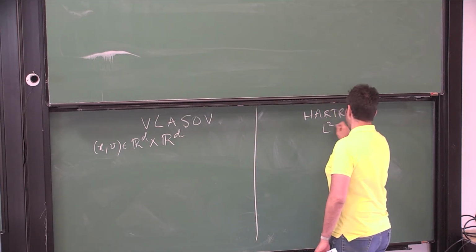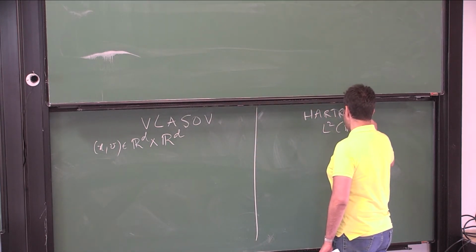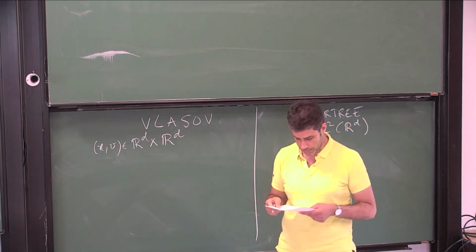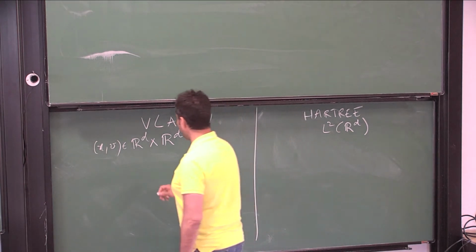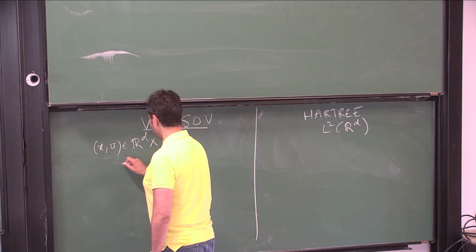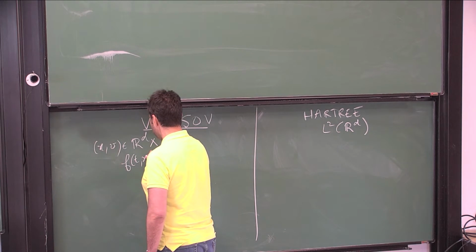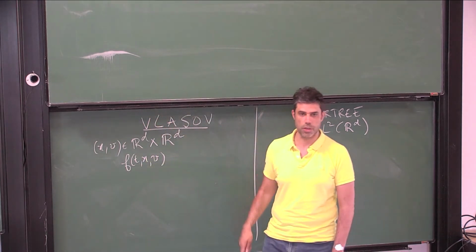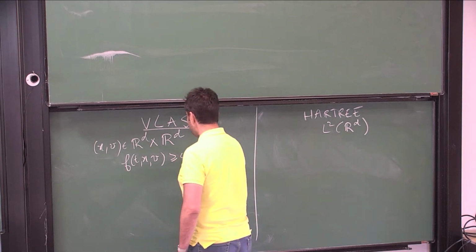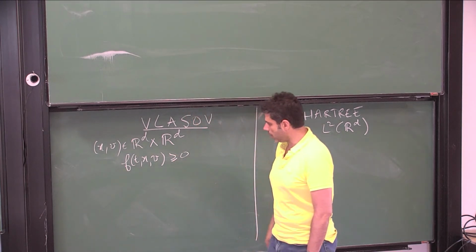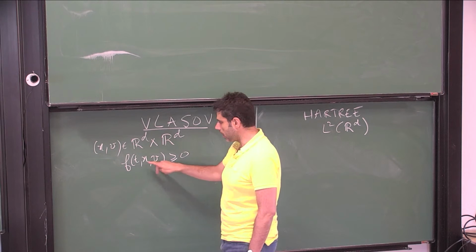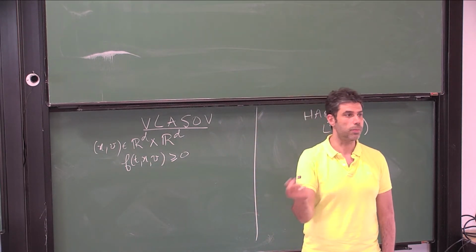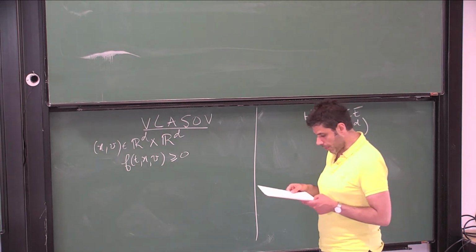On the quantum side, the space is L2 of R^d, the configuration space. What are the objects in Vlasov? We are in kinetic theory, so our objects are positive functions, or maybe even measures, but here just nice functions depending on time, position, and velocity, which give the distribution of particles at a certain point having a certain velocity.